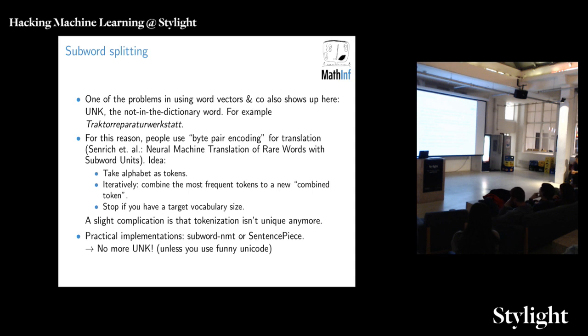And so what people do, and I think Sennrich were the first to propose that for neural machine translation, is to not go for words and then try to find vectors, but you just take the alphabet as tokens, single letters, and then you look what combinations are common, and you combine those into a new token, and then you do this iteratively until you have some target vocabulary size of, say, 50,000 words or something.